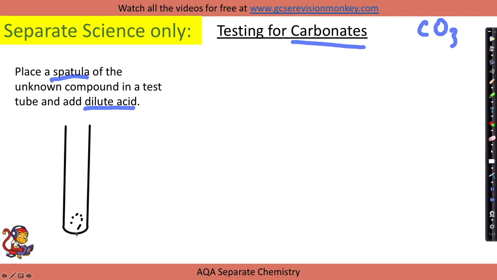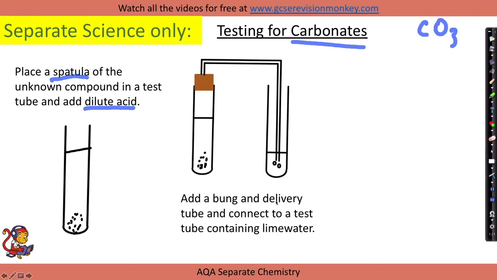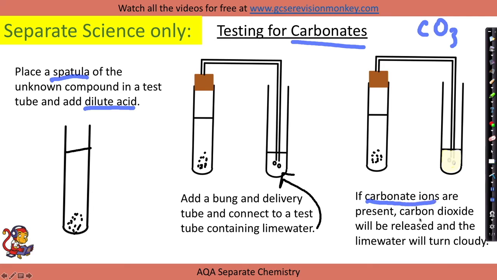So we'd have our unknown compound in the bottom and acid added on top. We then add a bung and delivery tube and connect to a test tube containing lime water. If carbonate ions are present, then carbon dioxide will be released and the lime water will turn cloudy, like shown in the image there.